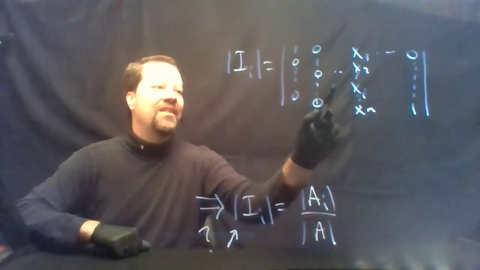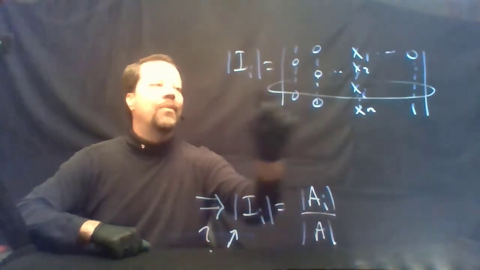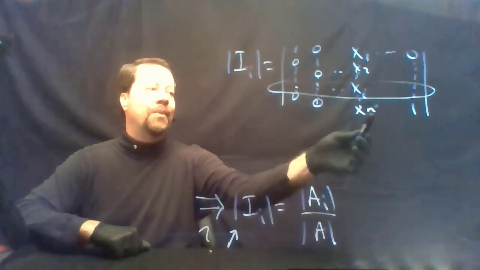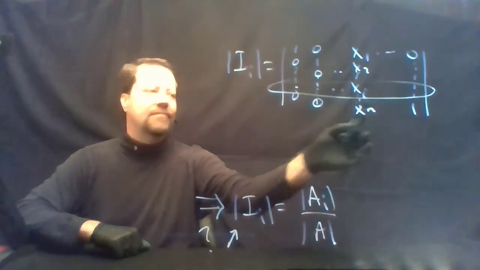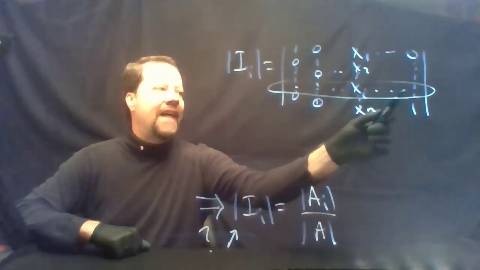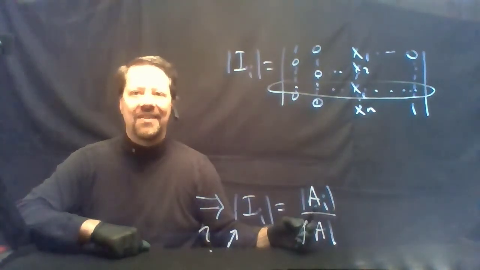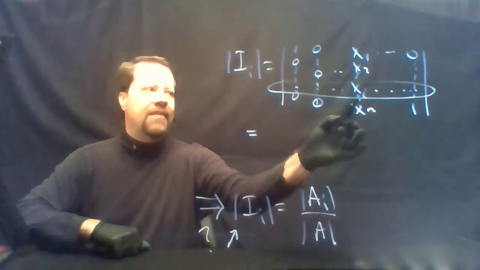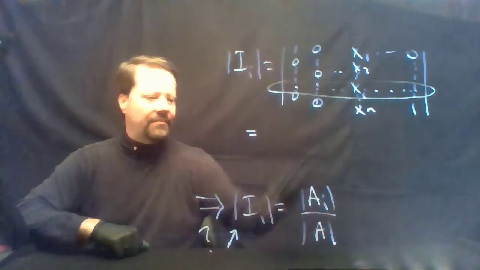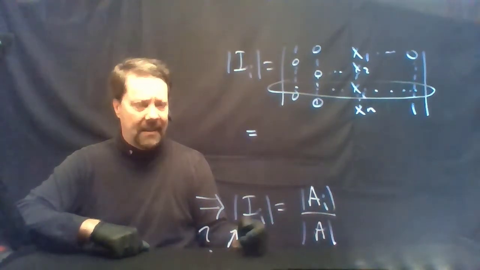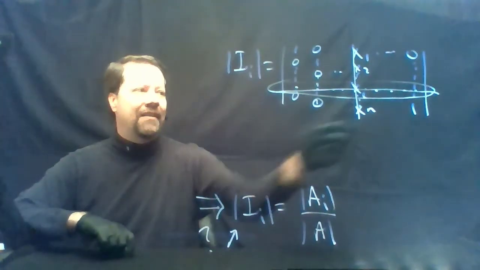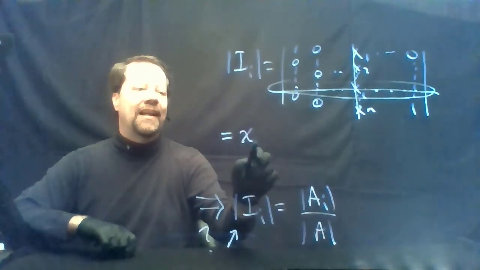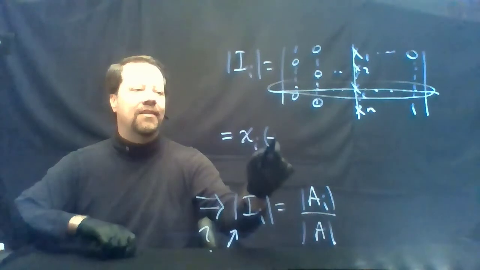Well, you do this through the ith row. On the ith row, almost every single entry will be 0, except for the diagonal entry. And then every entry after that will be exactly 0. So if you do the cofactor expansion through the ith row, you get x sub I times its cofactor.